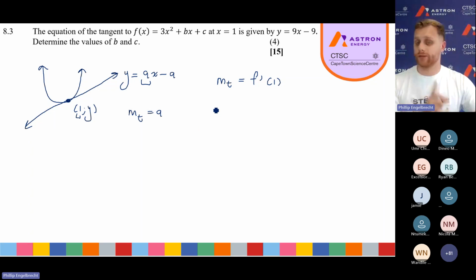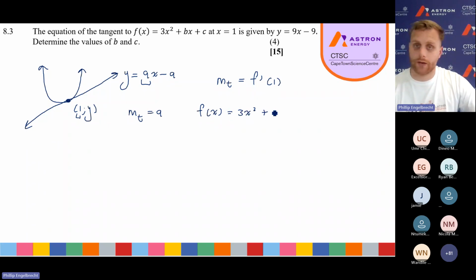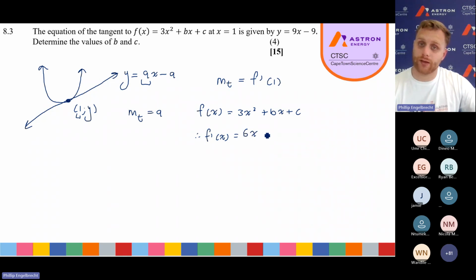What is my first derivative, okay? Well, f of x is simply equal to 3x squared plus bx plus c, okay? So therefore, the first derivative is simply equal to 6x plus b, okay?